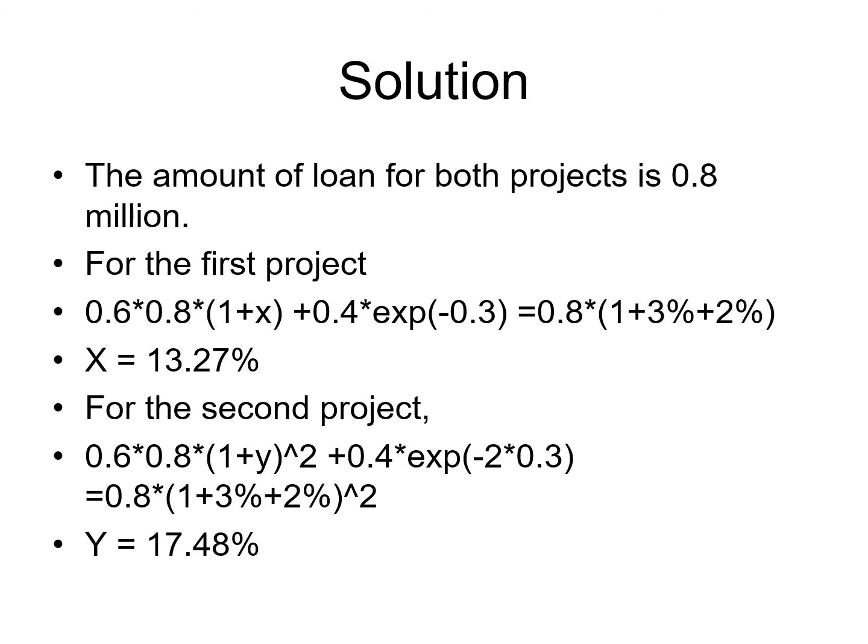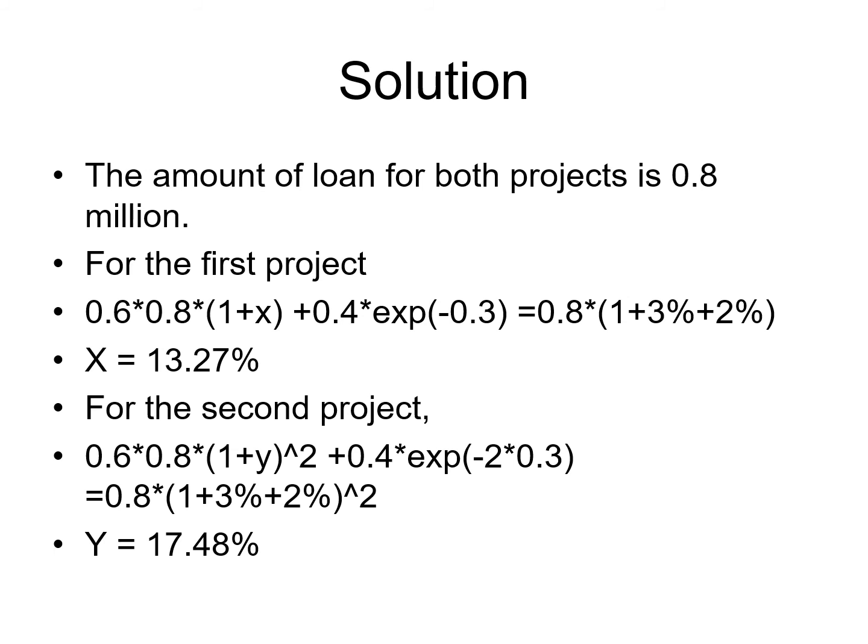13.27%. For the second project, it will last for 2 years, so everything should be compounded by 2. And so the loan rate should be compounded by 2, and also the required rate should be compounded by 2.